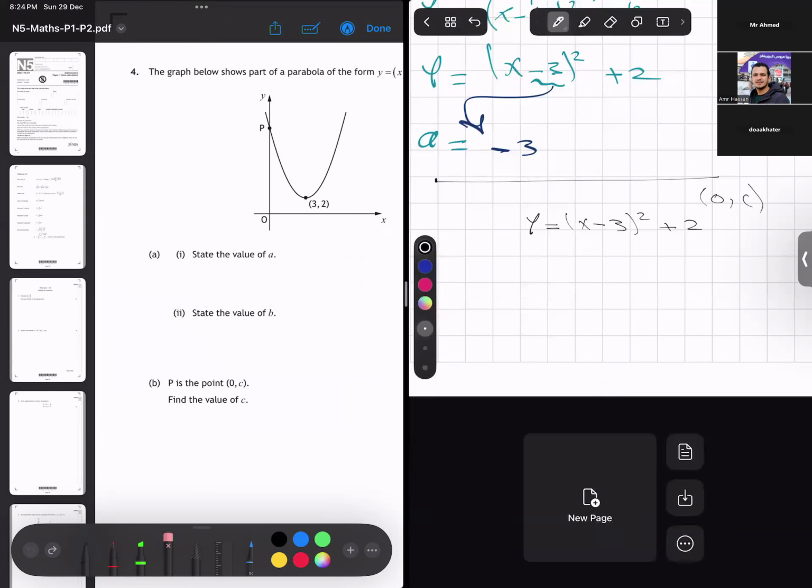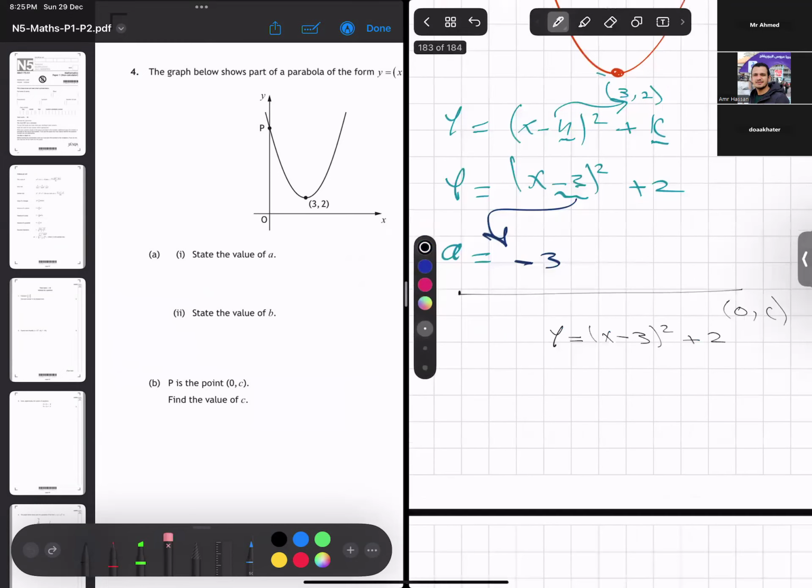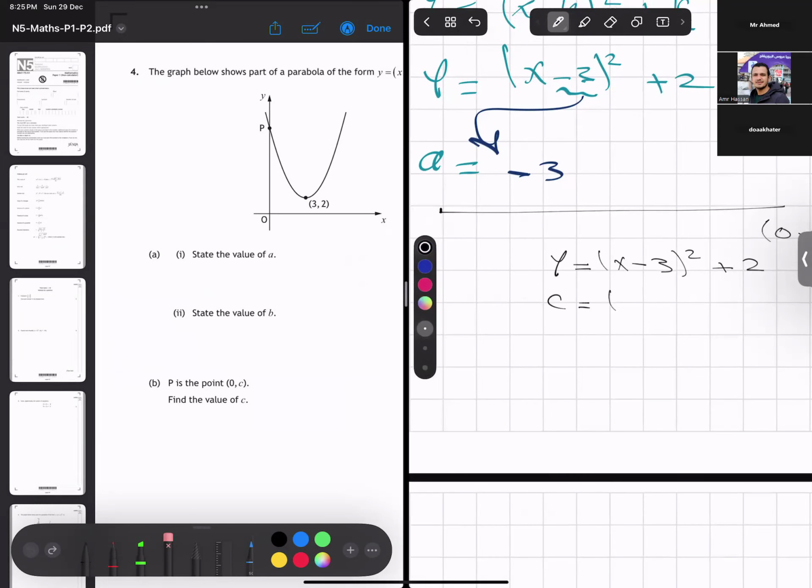So x is replaced with 0 and y must be written as c, right? So c equals (0 minus 3) squared plus 2. Yeah, right. 9 plus 2. C was 9 plus 2.